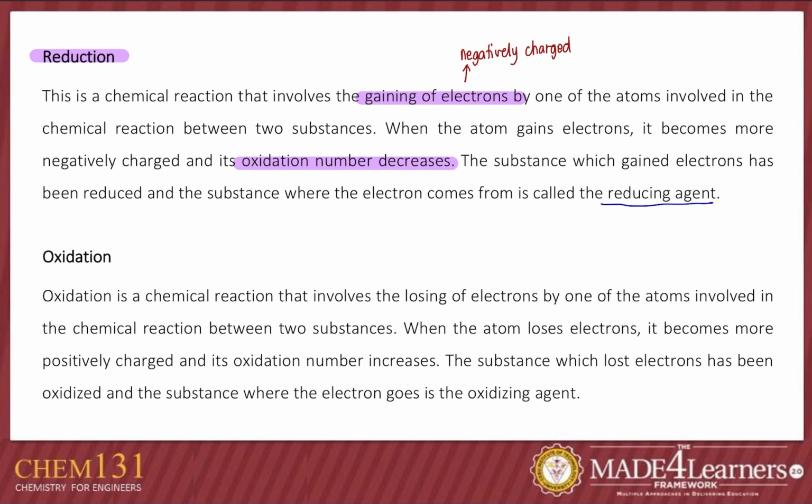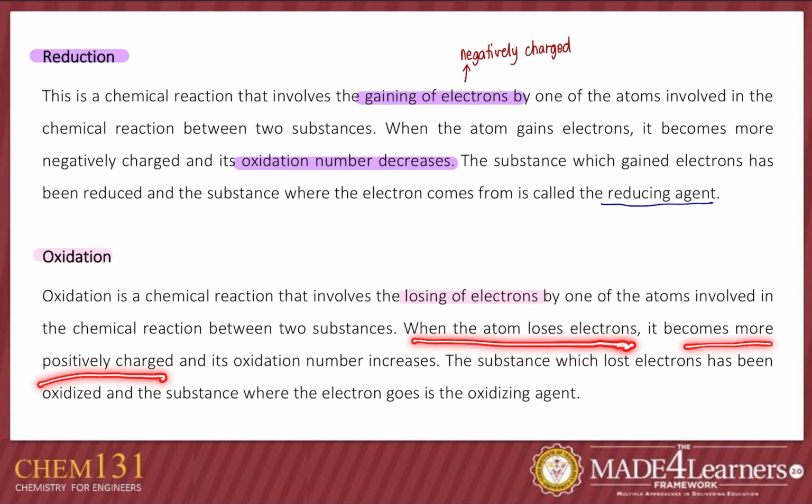On the other hand, oxidation. So oxidation is a chemical reaction that involves the losing of electrons by one of the atoms involved in the chemical reaction between two substances. When the atom loses electrons, which are negative, it becomes more positively charged, no?